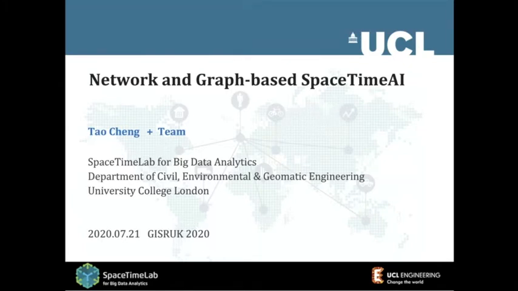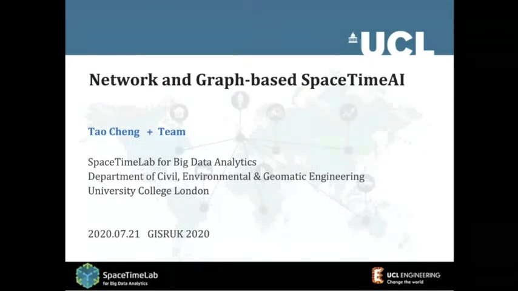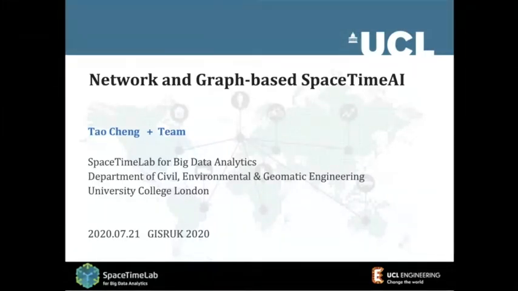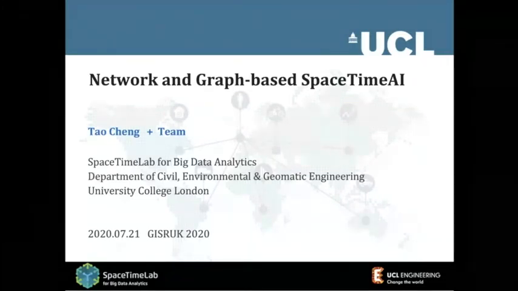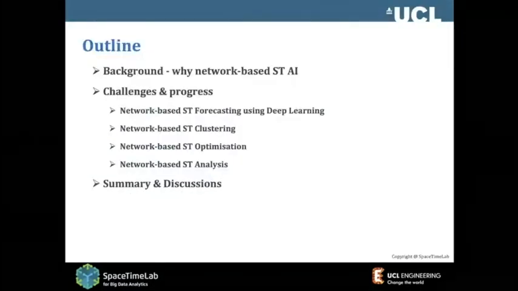I want to use this title, Network and Geographical-based SpaceTime AI, to wrap up our recent work in this area. It's also my thoughts about recent GIS development and where it can go, as one of the possibilities.